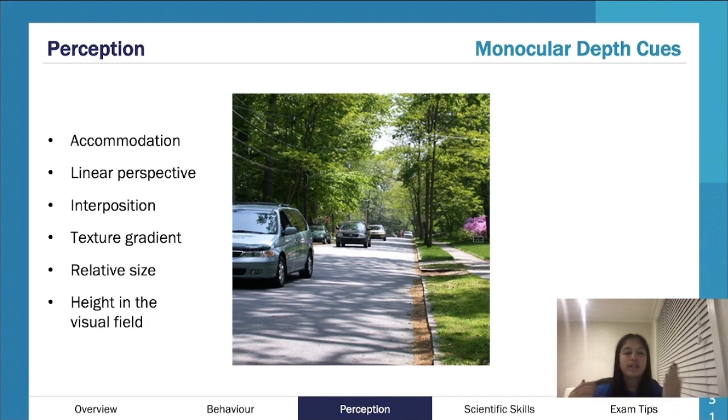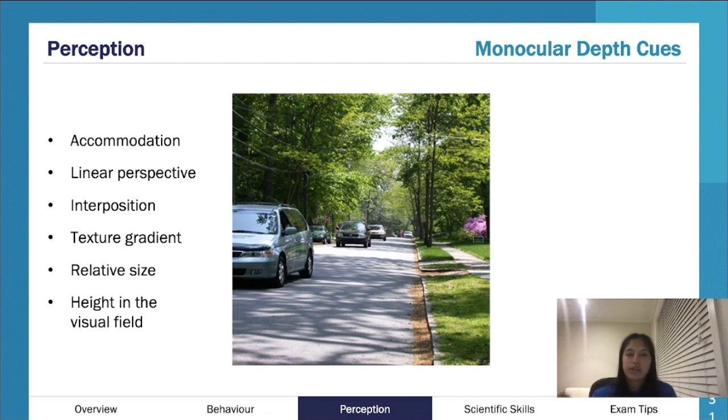So you know that if this hand is in front of this hand, that's why you can't see part of this hand, is what I'm trying to get at. And you know that then, it's kind of impossible for this green car to be in front of this blue car because of the fact that part of this car is hidden by this one. That's that idea of those monocular depth cues.